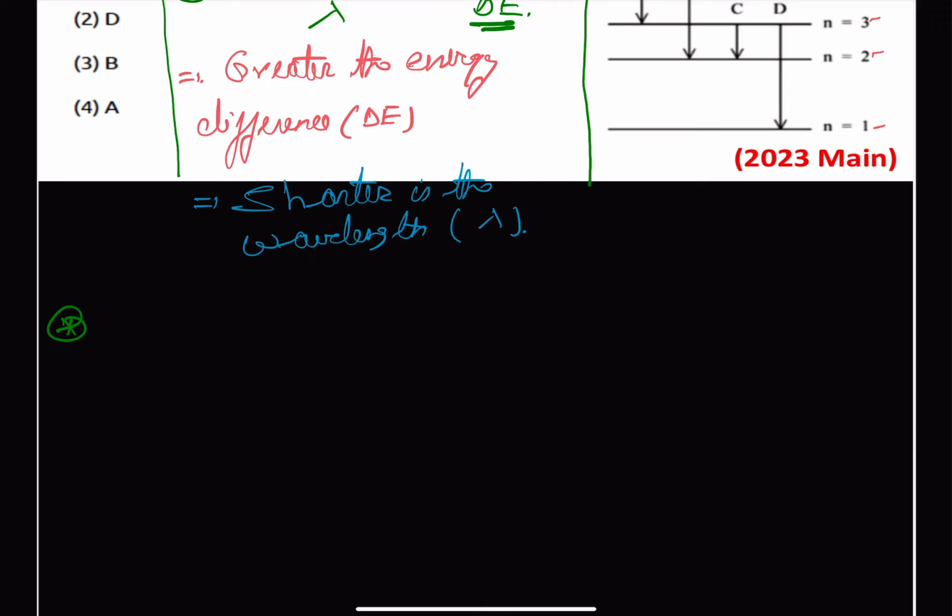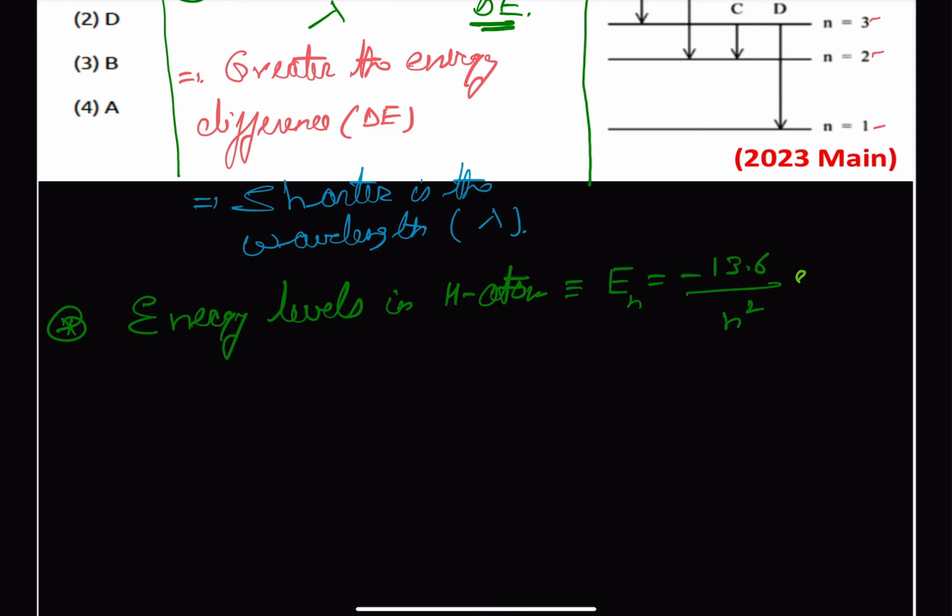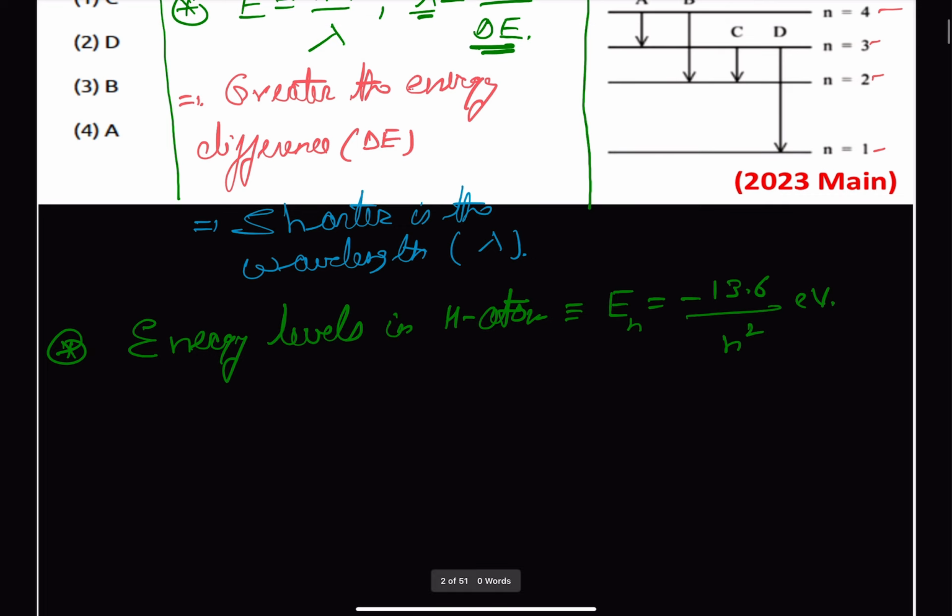So you can say energy levels in hydrogen atom, we can write the formula that E of n is equal to minus 13.6 upon n square electron volt, and the value of n is given as 1, 2, 3 and 4.